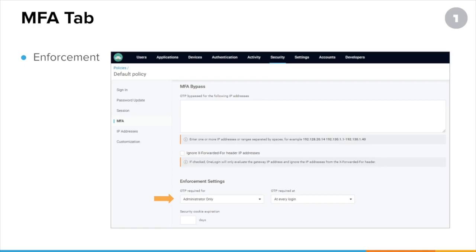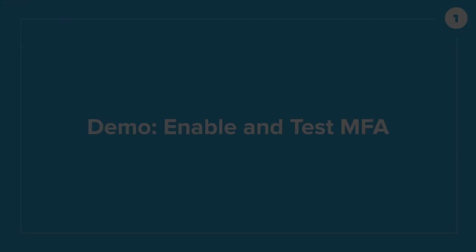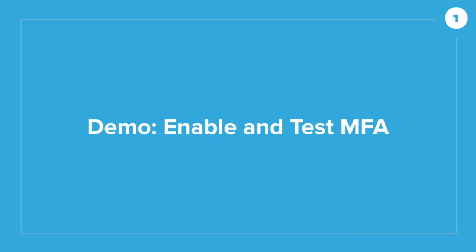Once you're ready for all your users to use MFA, you can change the OTP required for setting to all users or to just those that have their MFA device already registered. So let's go enable it and see what our users might experience.